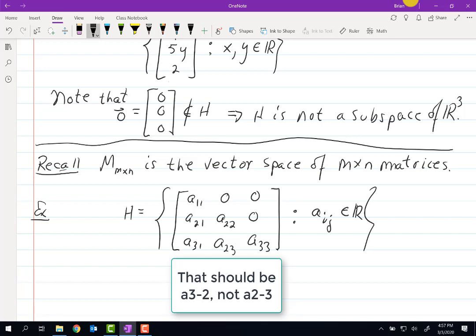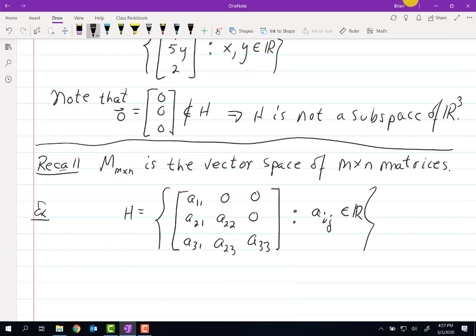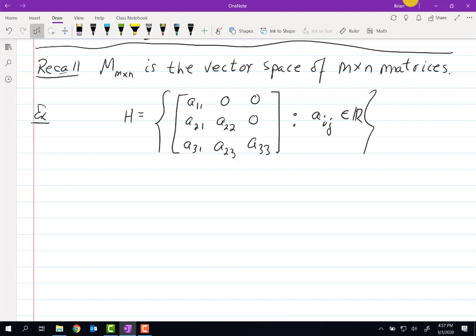These are all the lower triangular matrices. And, well, they would have to have the three properties here. I'll show you in a minute a second way of doing this.